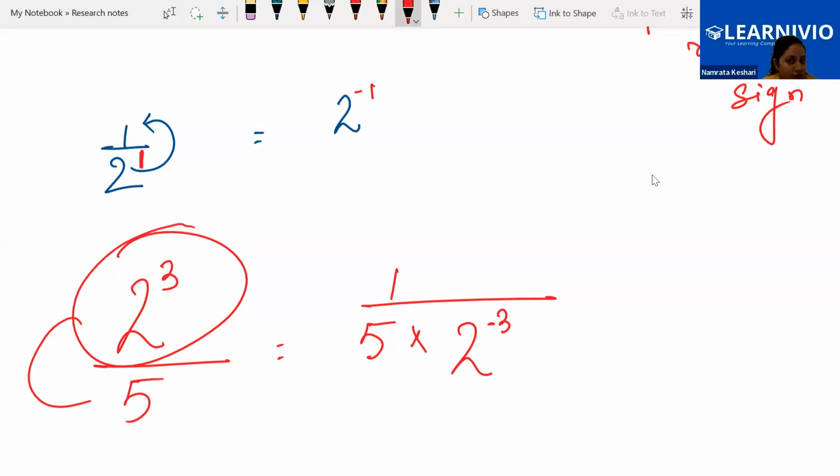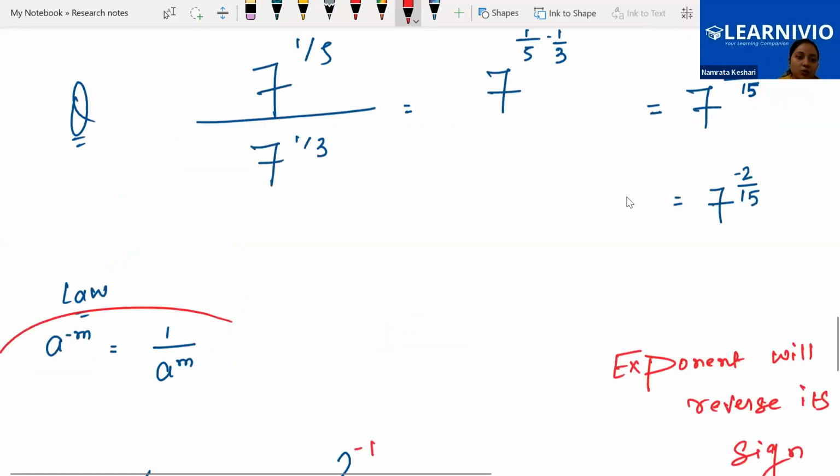This is the rule: a to the power minus m can be written as 1 by a to the power m. But you should understand what the property says: whenever the term switches the place from numerator to denominator, or from denominator to numerator, the power, if positive, will become negative, and if negative, will become positive.